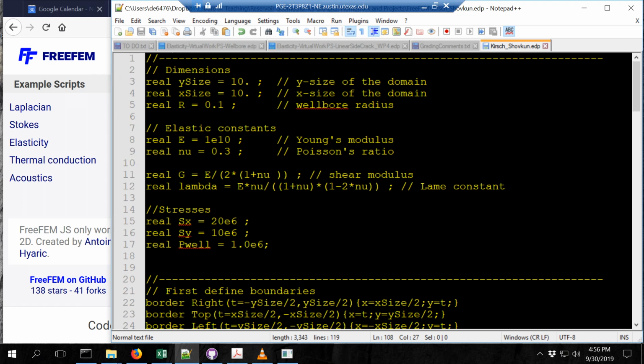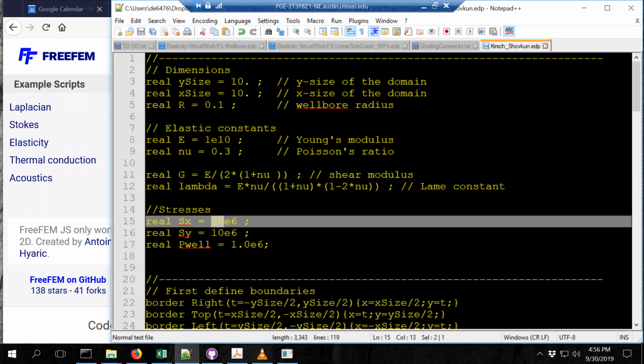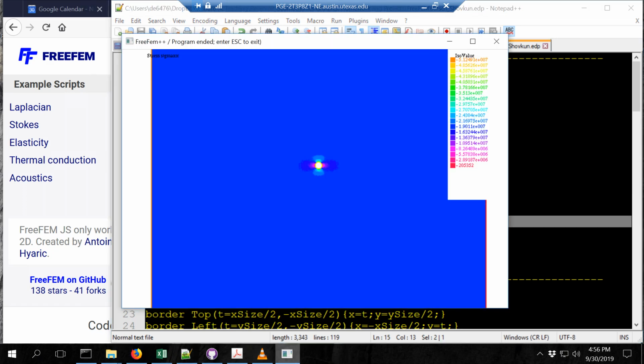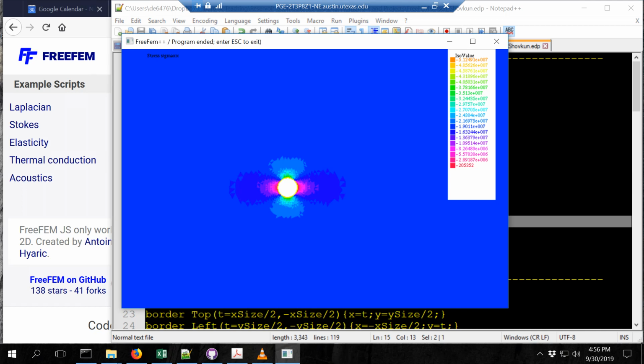Okay, that's at the top. I have 20 MPa in horizontal direction, 10 MPa in vertical direction, and a pressure in the wellbore equal to 1. And the result is, let me zoom in.